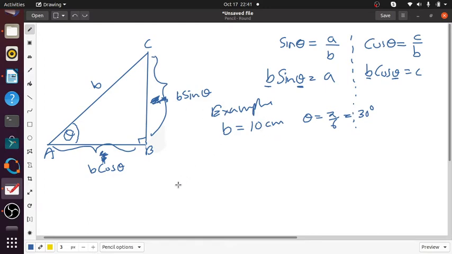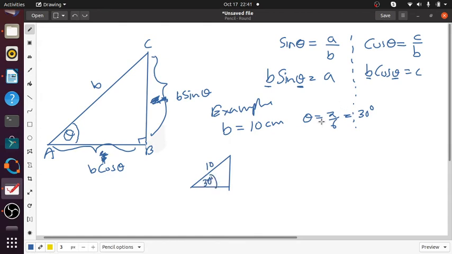Right. The first thing you have to do is sketch this. Don't take much time on this. Just sketch a small right angle triangle and put in this data. So 10, and here you get 30 degrees.